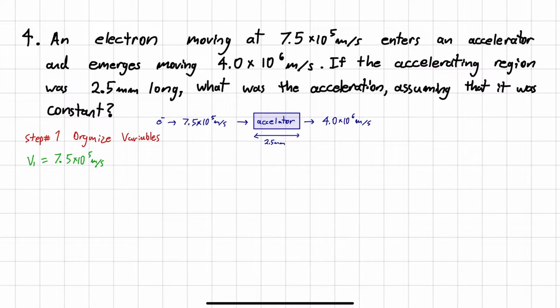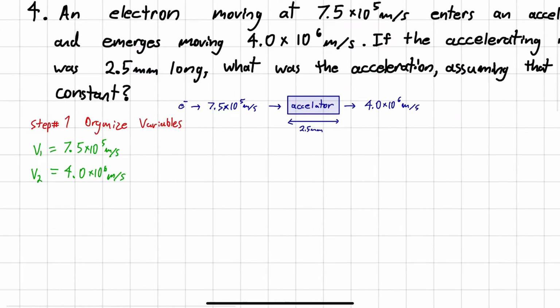And then we have the electron emerges moving at 4.0 times 10 to the 6 meters per second. That is our final velocity, or V2. Then the last piece of information is that the accelerating region was 2.5 millimeters long. So what does that mean?